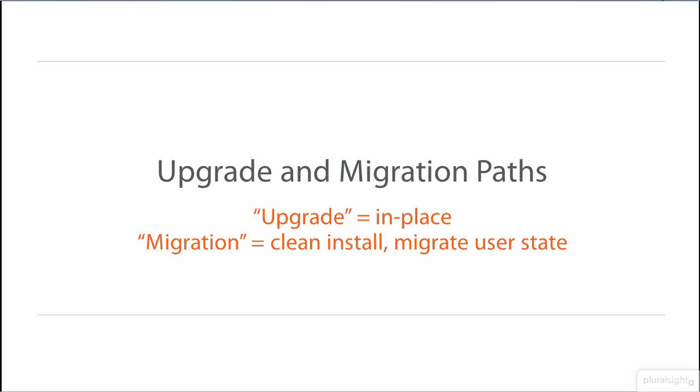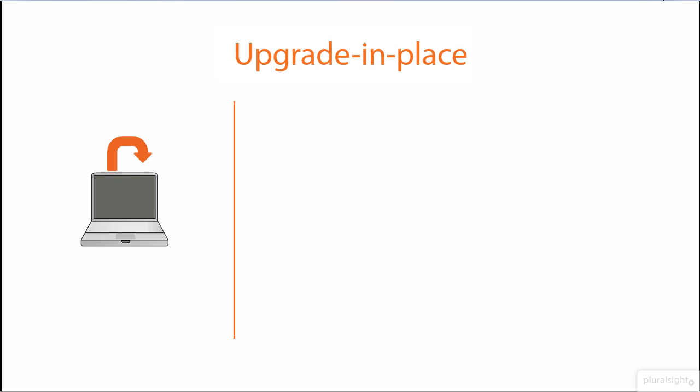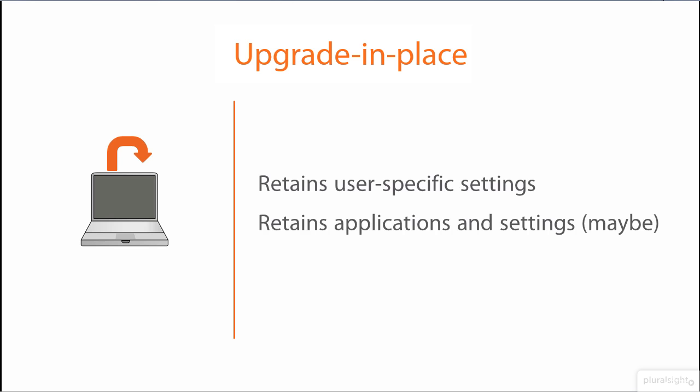Now, the upgrade in place method is appealing in that it automatically retains user profile information, applications, and settings. That is, as long as it's not necessary to move to new versions of applications to support Windows 10. And it saves these steps of exporting user profiles and then re-importing them after the operating system is installed.